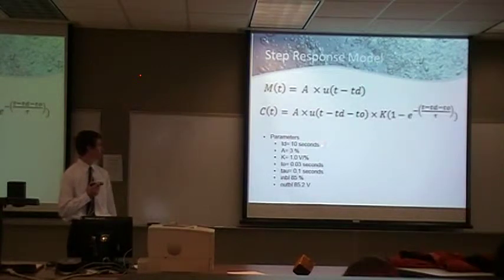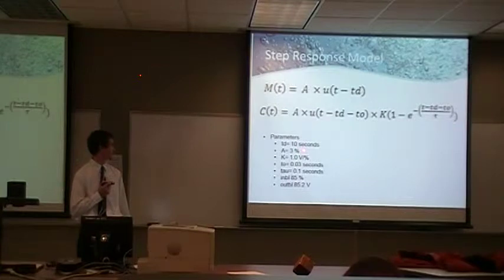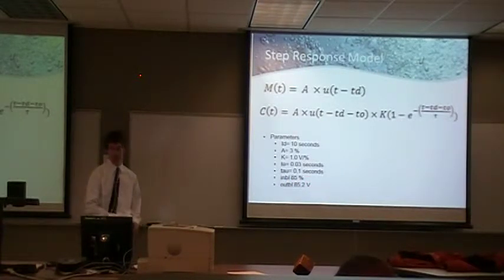And our parameters, we have PD of 10 seconds, amplitude of 3, K of 1 volt per percent, a T0 of 0.03 seconds, tau of 0.1 seconds, baseline input of 85%, and a baseline output of 85.2 volts.